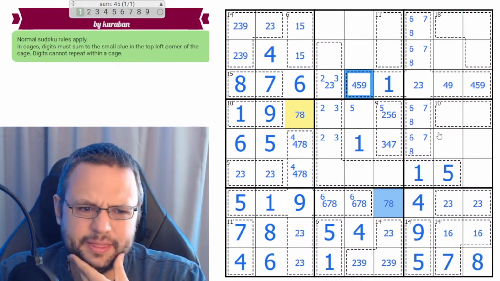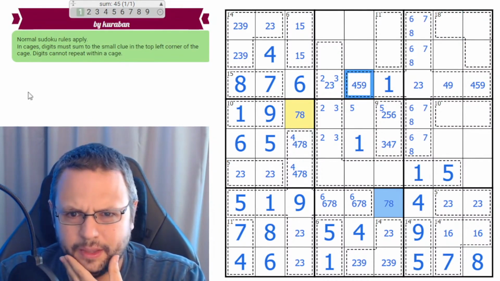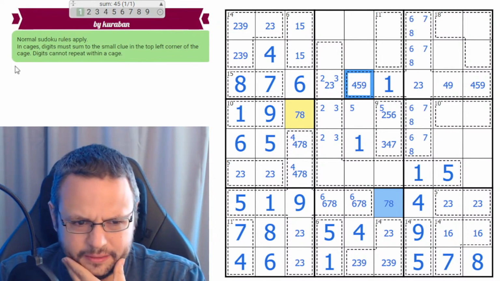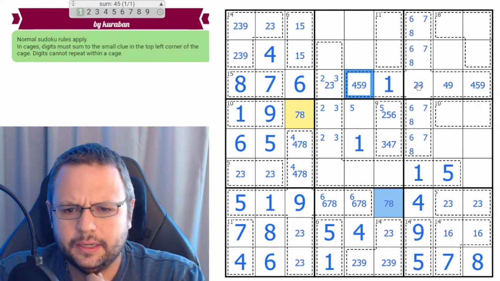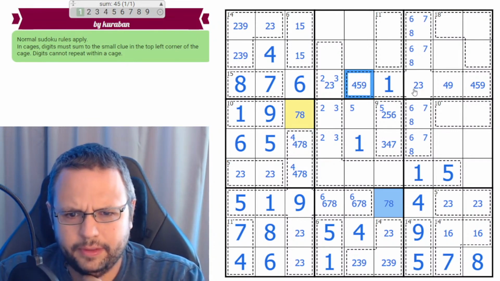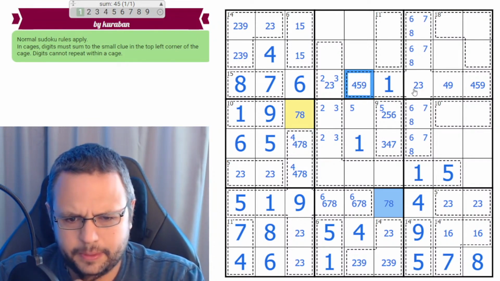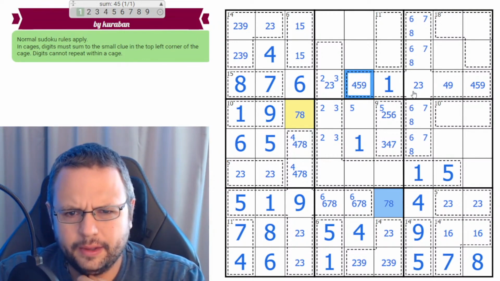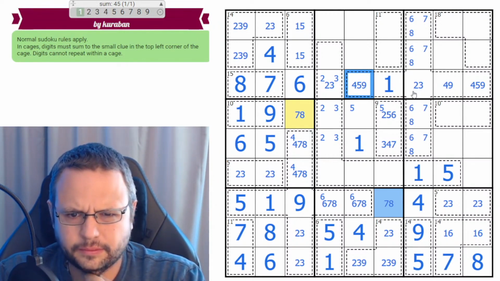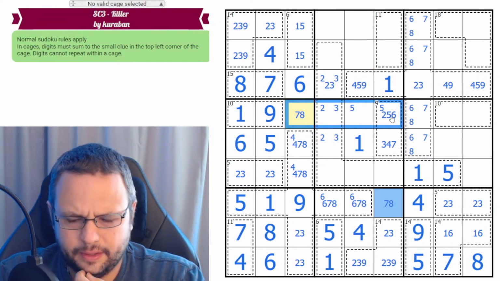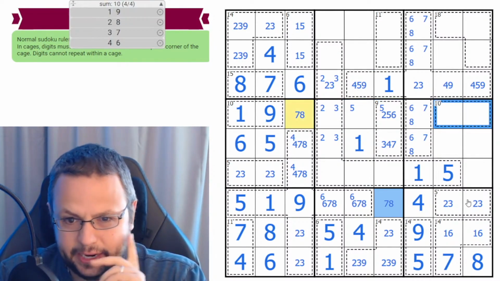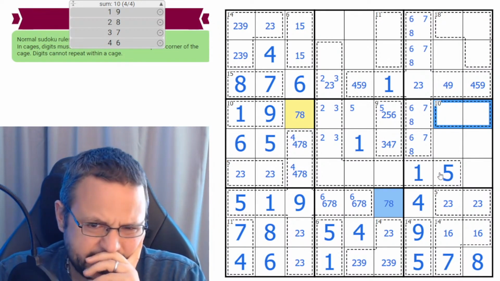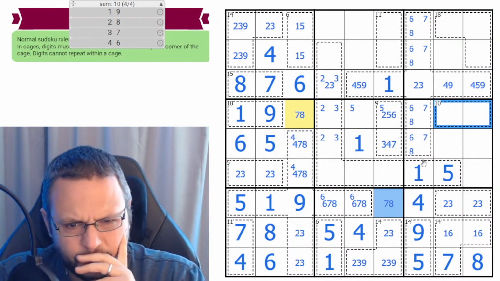I don't see a reason why this can't be a 1, 8, 9 thing yet. If there is a reason, I don't see it. Let's see. Yeah, the yellow 7/8 isn't in the 10 cage. Does the 10 cage have a 2 or a 3 in it? I don't know.